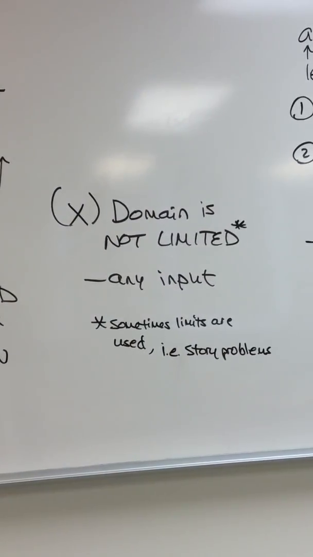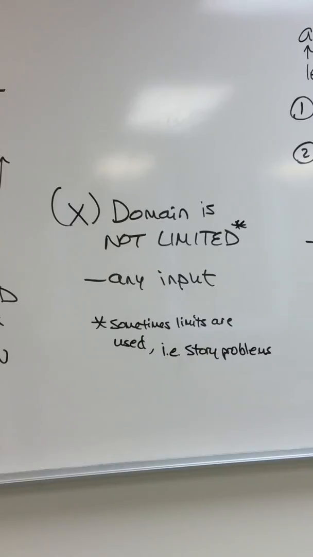Now, we have a little star here, and we just need to remember that sometimes limits are used for our domain. For example, story problems. And the example I use in class is, if you remember linear equations, we would put limits on our x value if we were talking about people or money or pizzas.